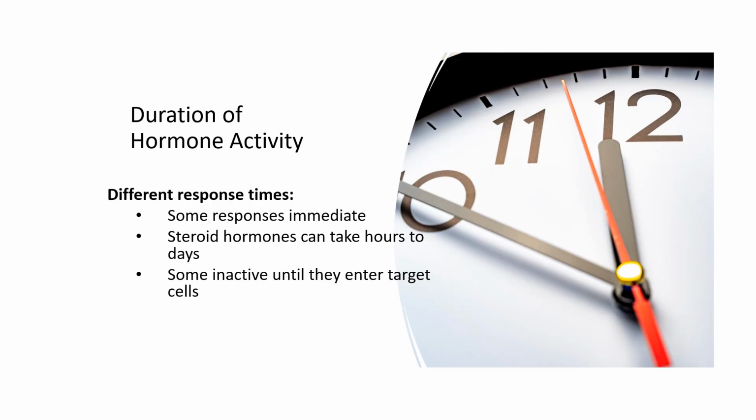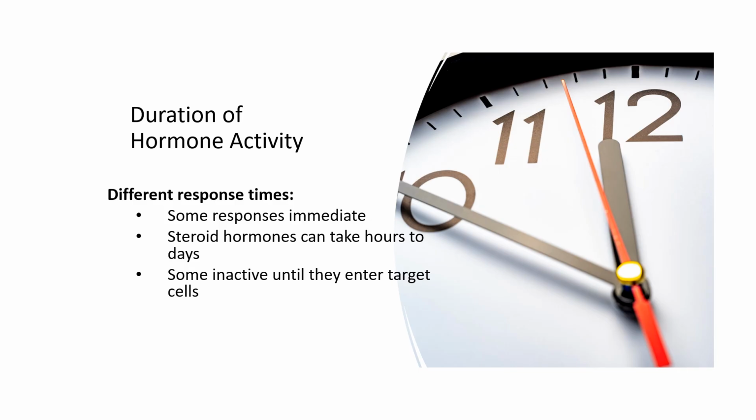Some hormones are going to act quickly. As mentioned before, epinephrine is one of those quick acting, fast releasing, and quickly cleared hormones. It can increase the heart rate within seconds. Steroid hormones like cortisol or estrogen are going to take hours to days to cause effect because they alter gene expression. They actually have to enter into the cell and go through many different processes before we can create a protein that can be expressed.